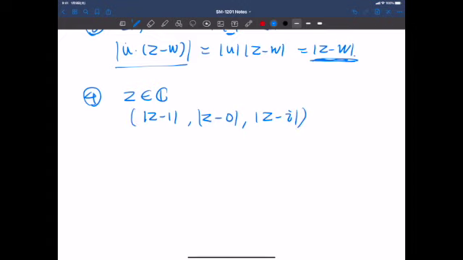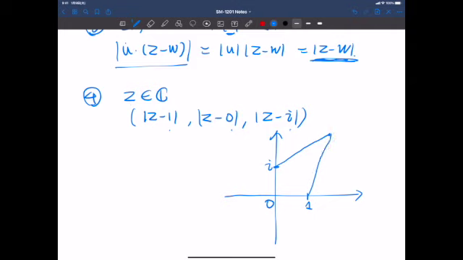So this is a triple of distances between z and the three points 1, 0, i. On the complex plane, if z is here, then this is 1 and this is i and this is the origin. So we are considering these three distances.